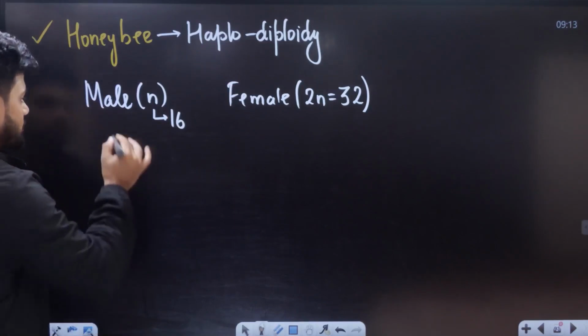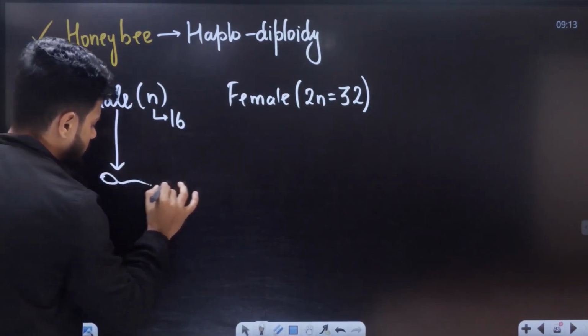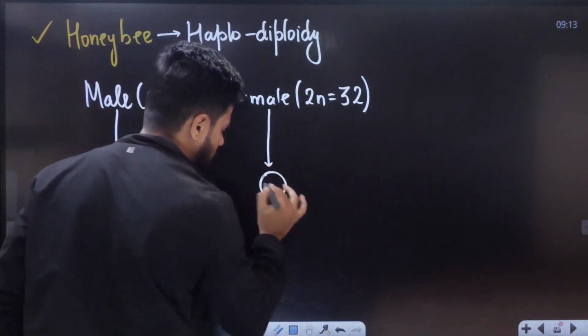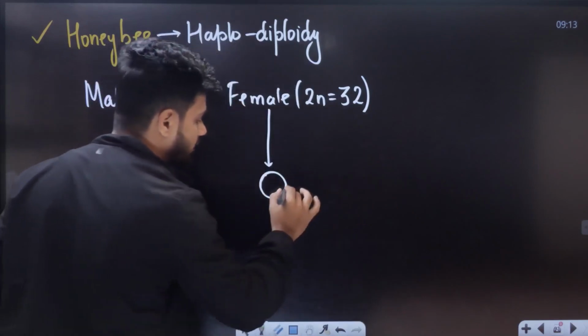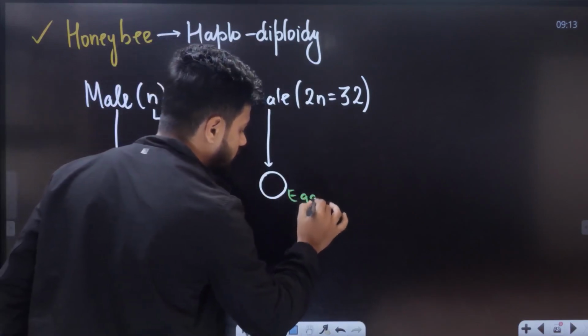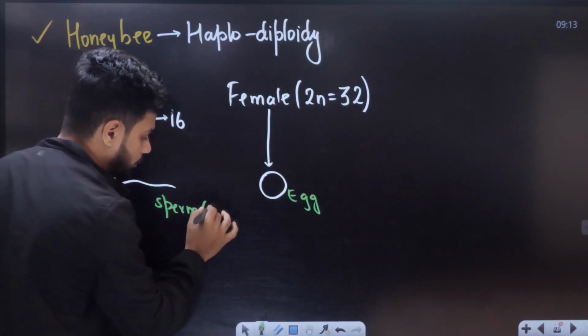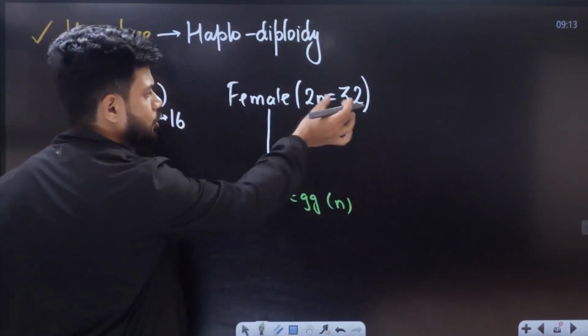Okay. So this male is producing a gamete. Let's take a sperm. Here the female is producing a gamete, that is the egg. Now the most important thing here is this egg and this sperm both are going to be haploid in nature. Now here we have 2n is 32.